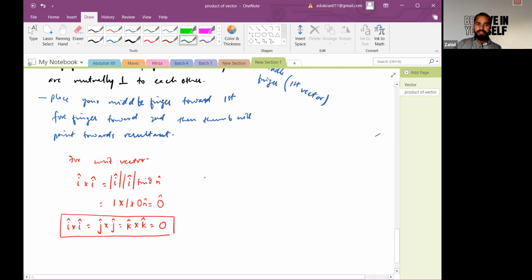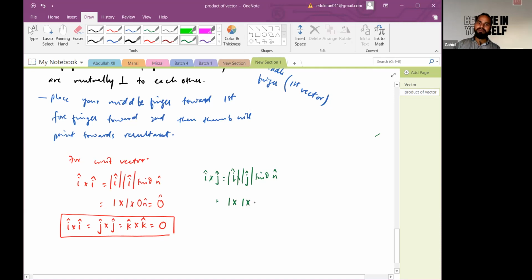Similarly, if you have to calculate for a different term, let's say i cross j, it will be mod of i times mod of j times sine theta n cap. Mod of i is 1, mod of j is 1, sine theta: i defines the x-axis, j defines the y-axis, and these two must be perpendicular.